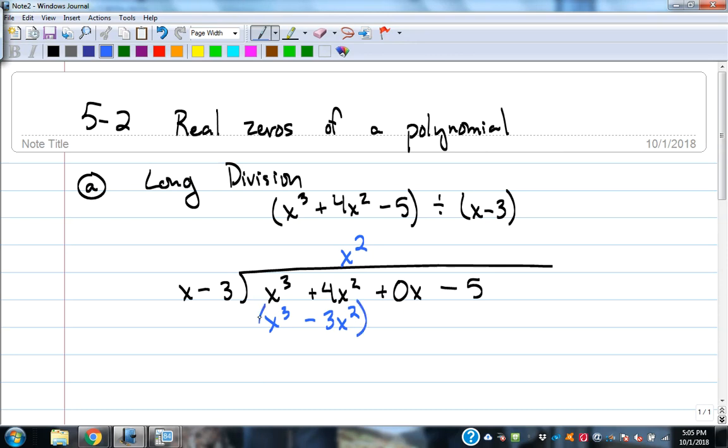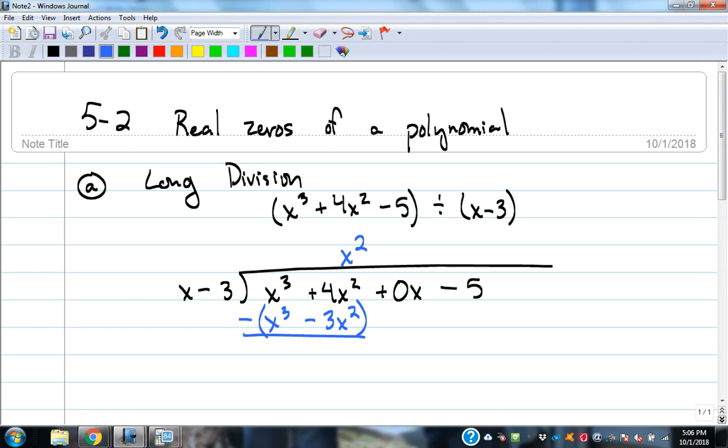Then I'm going to put that in parentheses and subtract. This is just like if you were going to divide numbers back old school, elementary school style. Next thing I do is subtract. What's x cubed minus x cubed? They go away. It's 0, right? It cancels out. That's what we want to happen.